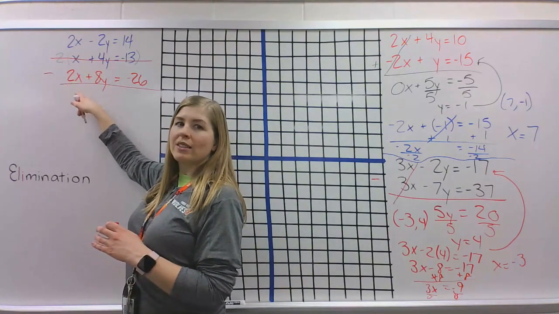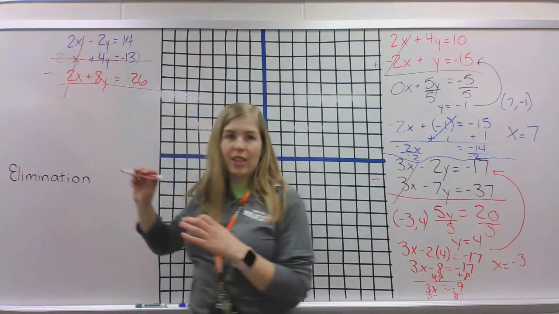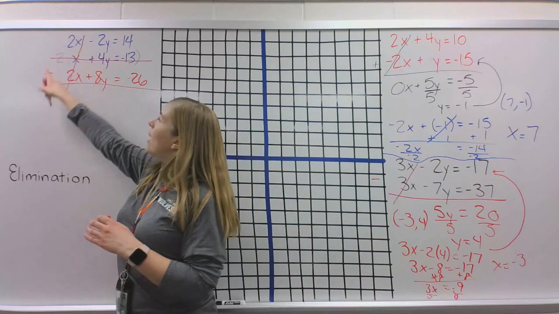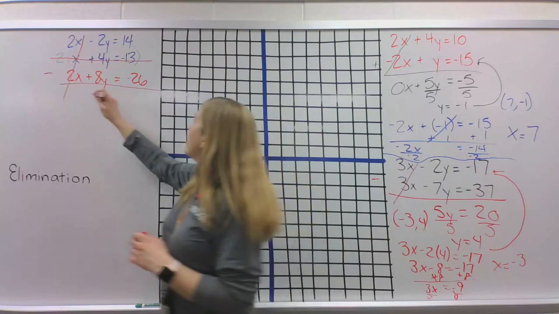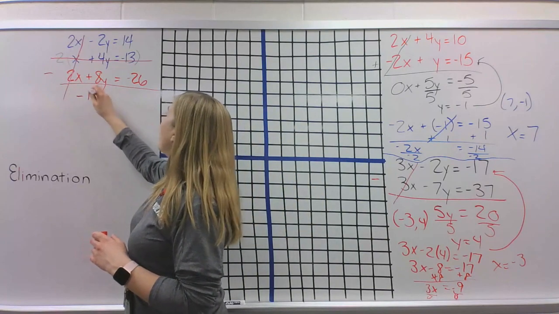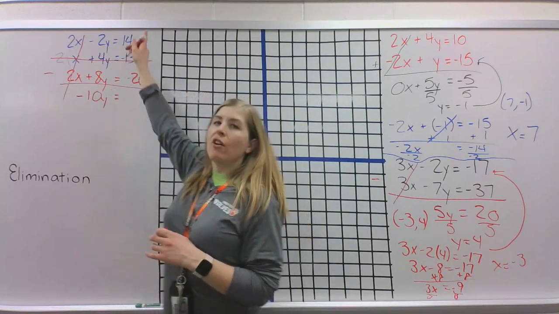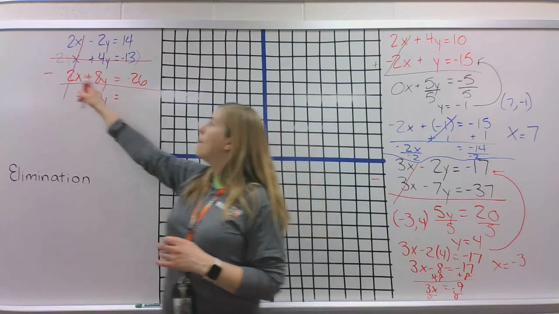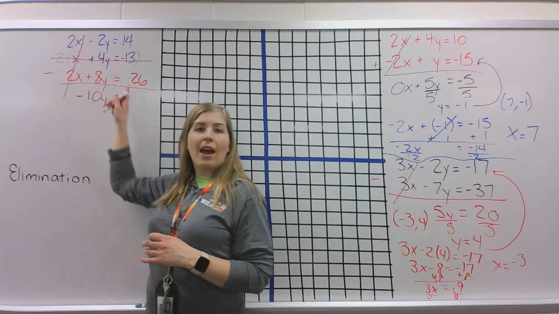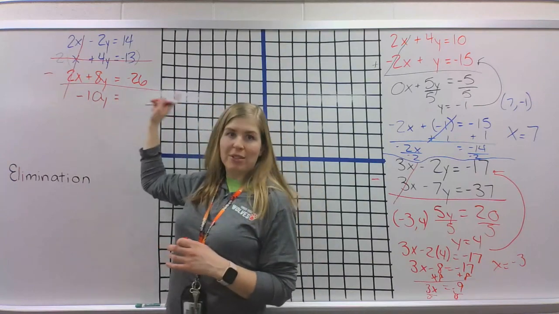2x minus 2x gives us, canceled out. Negative 2y minus 8y, negative 2 minus 8, is going to give us a negative 10y. And then 14 minus negative 26, minus a negative means we're adding a positive, doing the opposite.